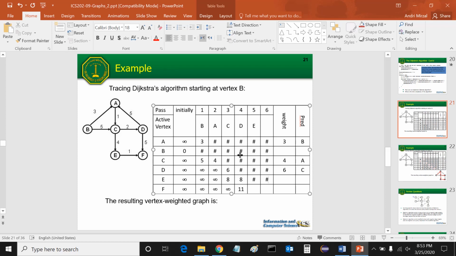Now we are in E, means that our traversal is B, A, C, and E, right? So the predecessor of E has been decided to be C. C is the predecessor of E.